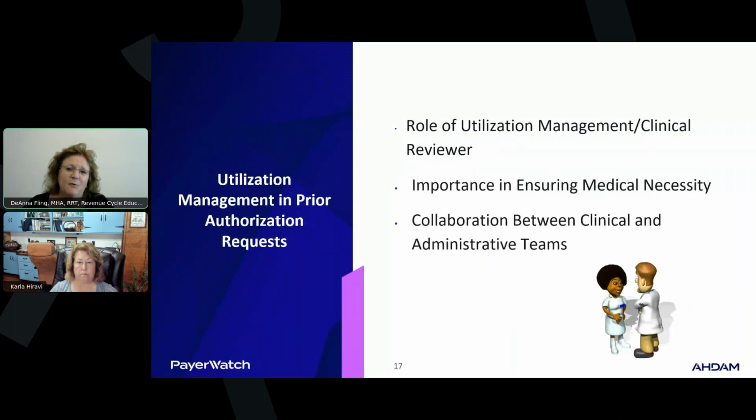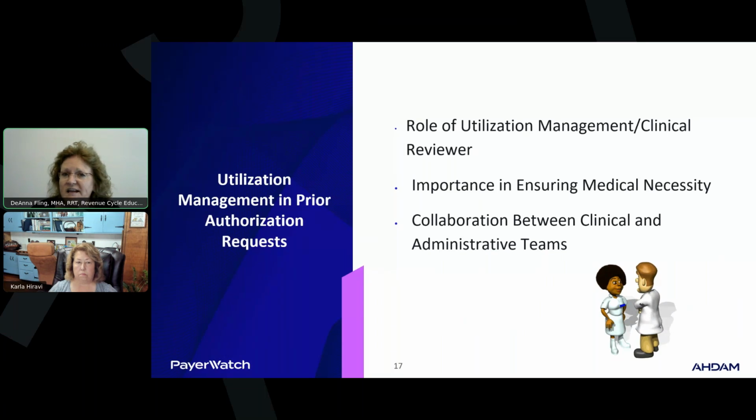So for the benefit of everyone watching, I'm going to use utilization management and clinical reviewers interchangeably. Utilization management is found in the hospital setting with inpatient stays, while larger group practices will utilize clinical reviewers in the authorization process.